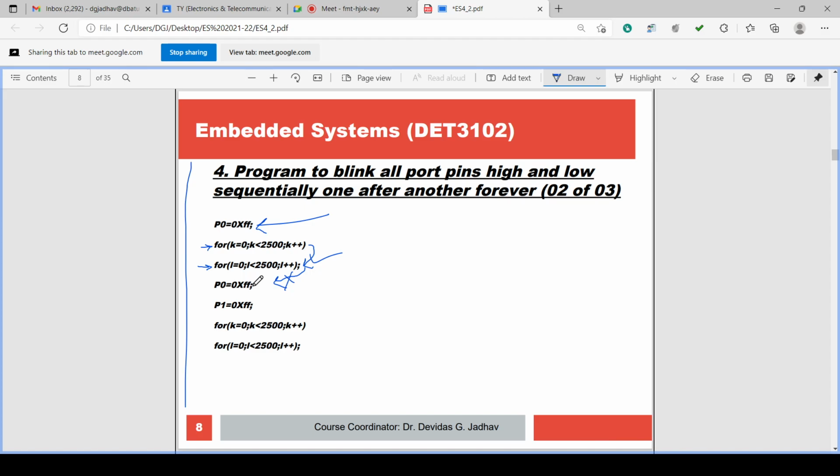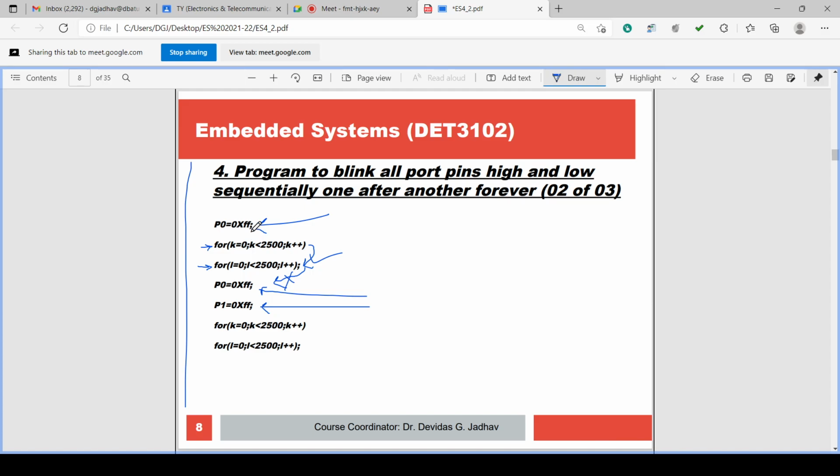So this is introducing delay, which we have discussed in the previous slide. Nested for loop. And then there will again be P0 equal to 0xFF and additionally P1 equal to 0xFF.